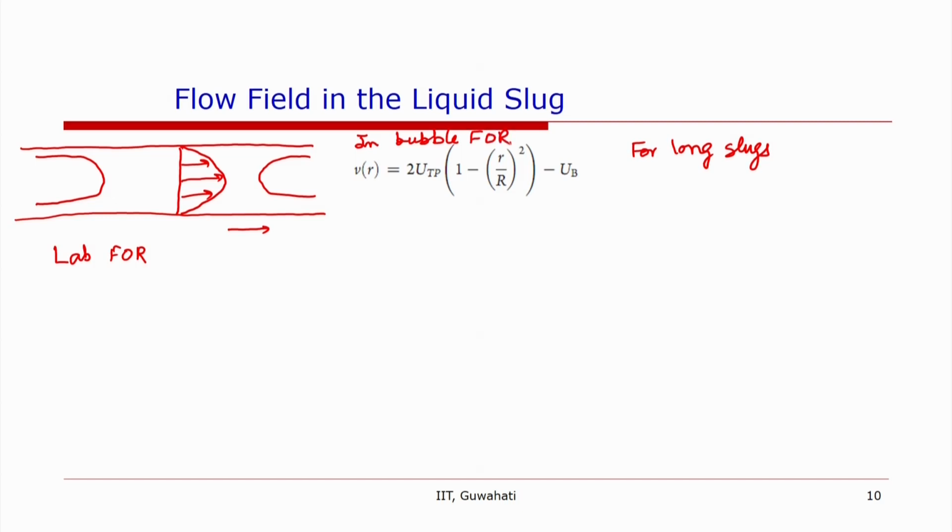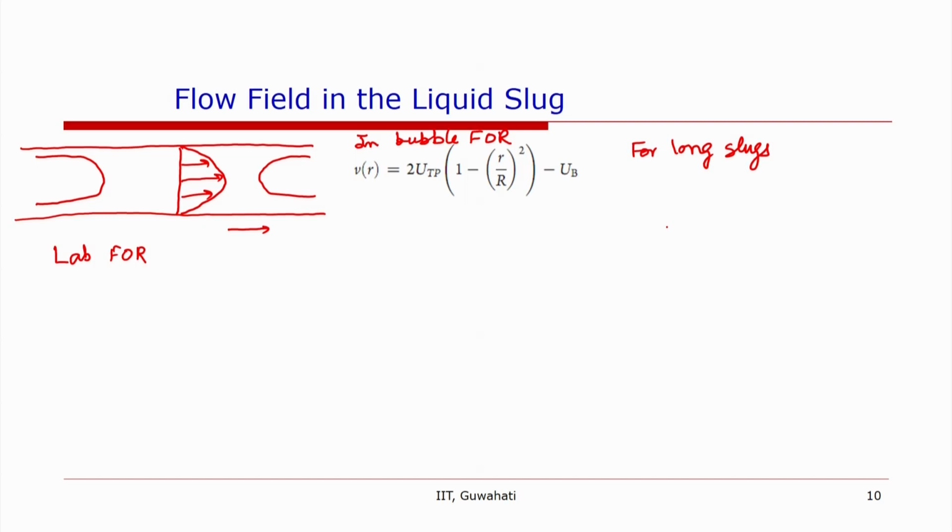so remember we said that because the bubbles move with the velocity UB, the slug that is trapped between the two bubbles will also need to move with the bubble velocity. So in the bubble frame of reference, the slug will also be stationary, and we will see the internal recirculations in the liquid.